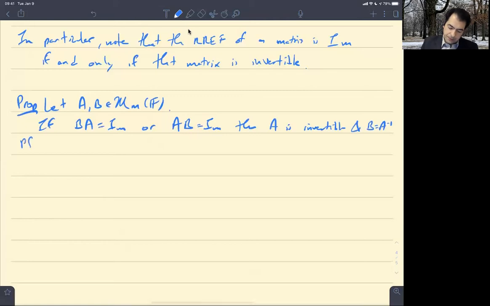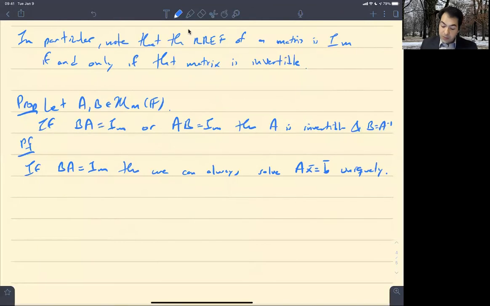Okay. So this turns out to be easy to prove. We just have to remember that matrix multiplication and inverting has to do with solving systems of linear equations. So if B times A is equal to the identity, then we can always solve AX equal to b uniquely.